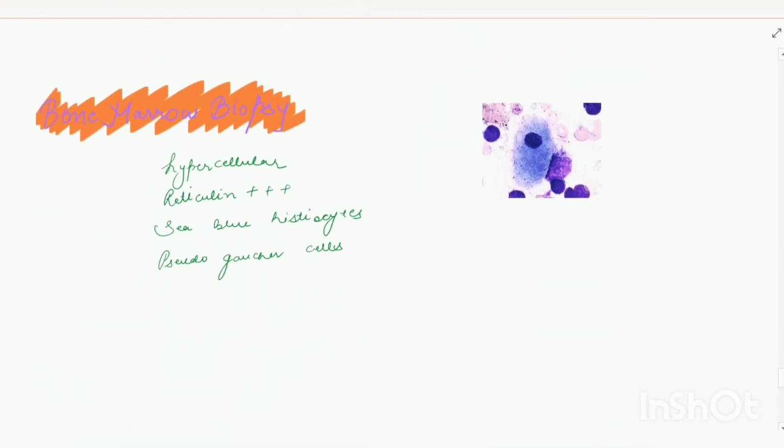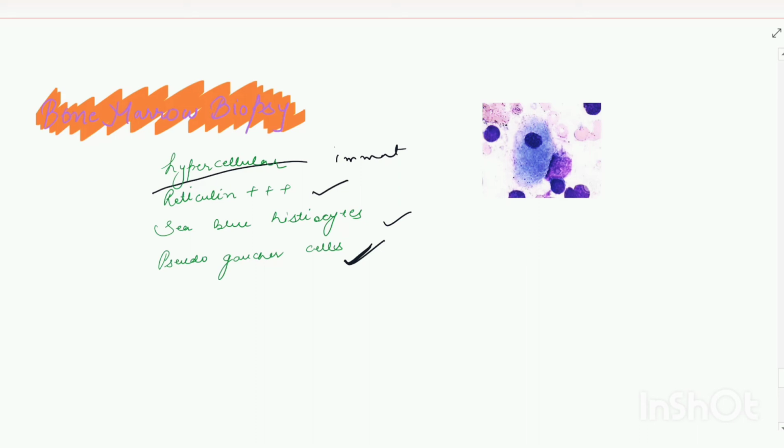And for confirmation, we order a bone marrow biopsy. In bone marrow biopsy, what do we see? Of course, the hypercellular bone marrow, because the mutation causes increased proliferation of cells. All the immature WBCs, we have increased reticulin count. We can also see blue histiocytes, and we can also see pseudo-Gaucher cells.